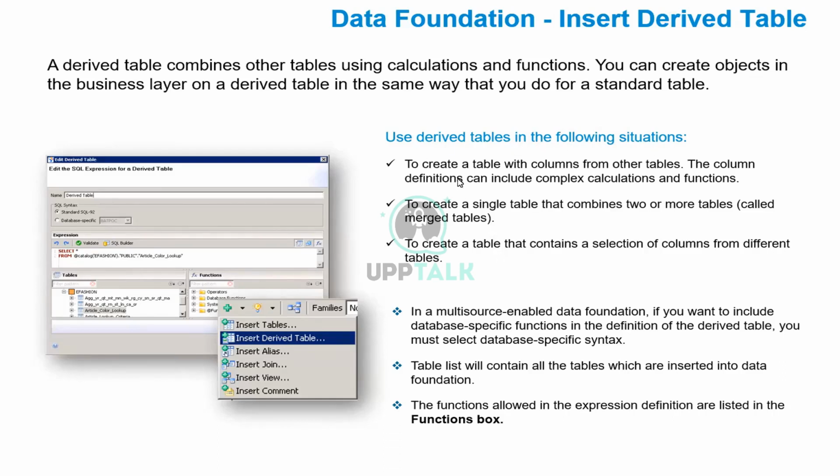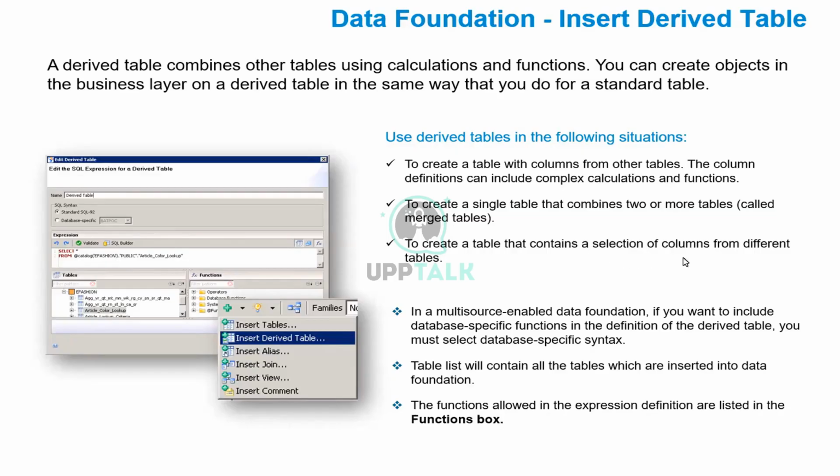We use derived tables in the following situations. To create a table with columns from other tables. If we want a column from other tables, we can create a derived table and pull them using these formulas. To create a single table that combines two or more tables. If you want to combine two or more tables into a single table, that is called a merged table. In that situation also, we can create a derived table and insert it.